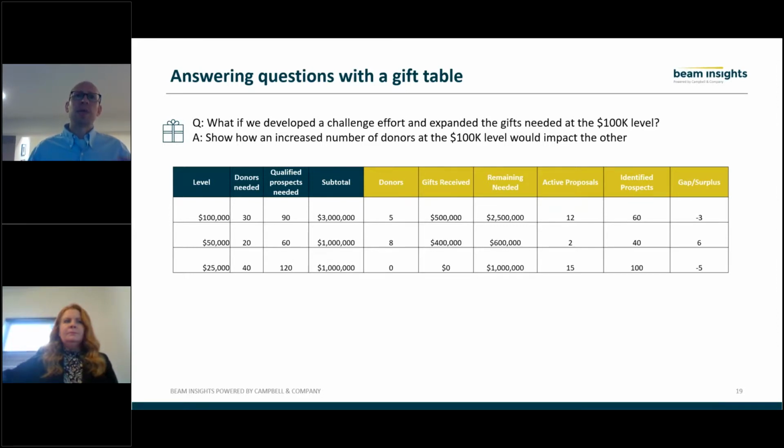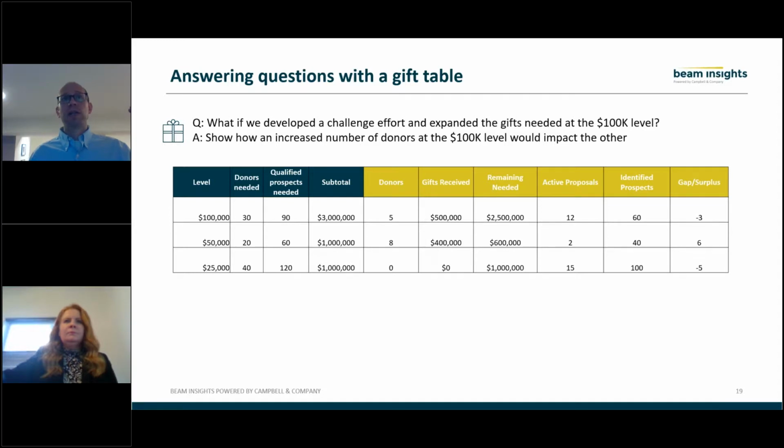So keeping the table dynamic and setting that expectation early on with anybody who you're using the table with to help advance your goal is an important expectation to set. And in this instance, if you developed a challenge effort and expanded the gifts needed at the 100K level, you would want to show how an increased number of donors at that level would impact the other levels, right?